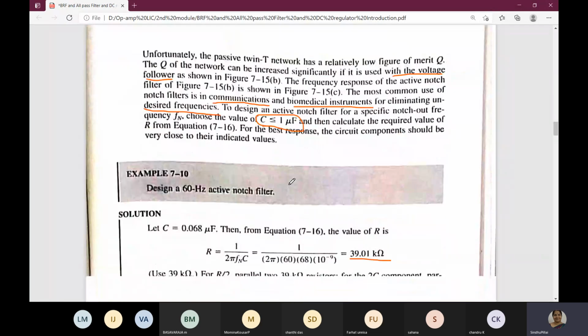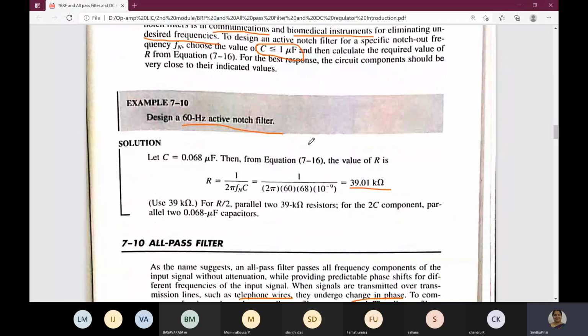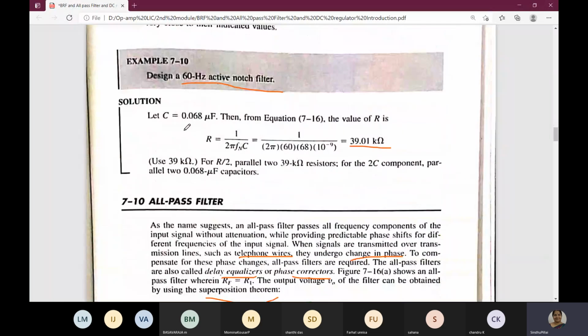So if they ask you to design a 60 hertz active notch filter, assume the capacitor is 0.068 microfarad and substitute it in the formula, Fn equals 1 by 2 pi RC. If you want R, just cross multiply, change the position, and substitute 2 pi, F as 60 hertz and C as 68 into 10 power minus 9.